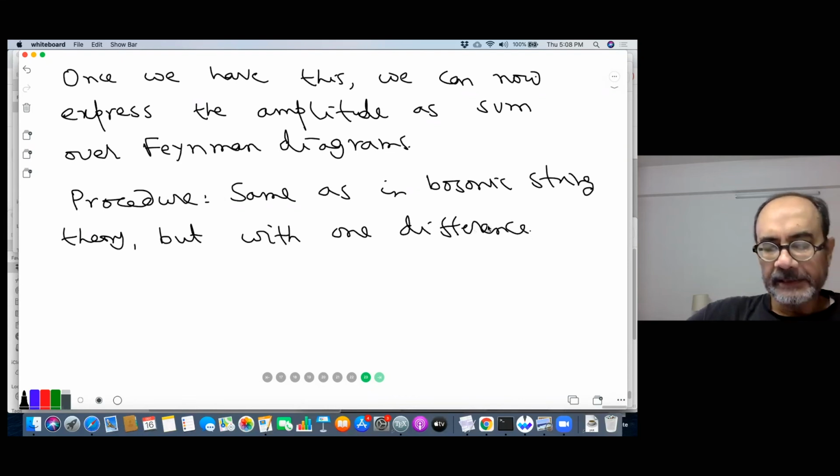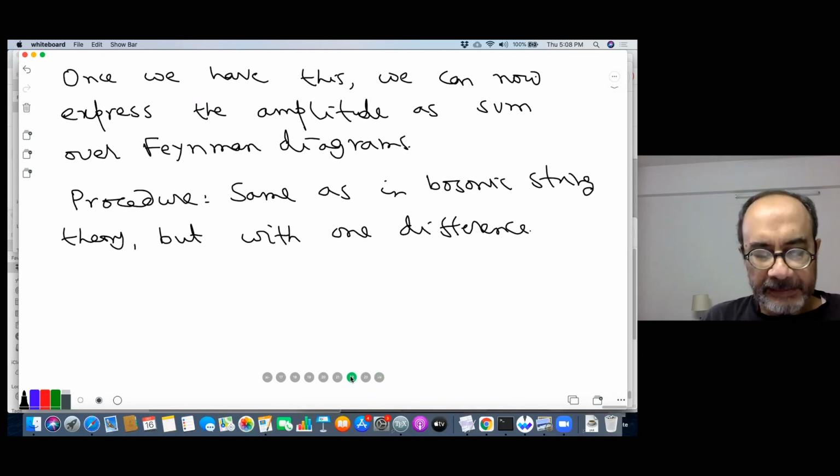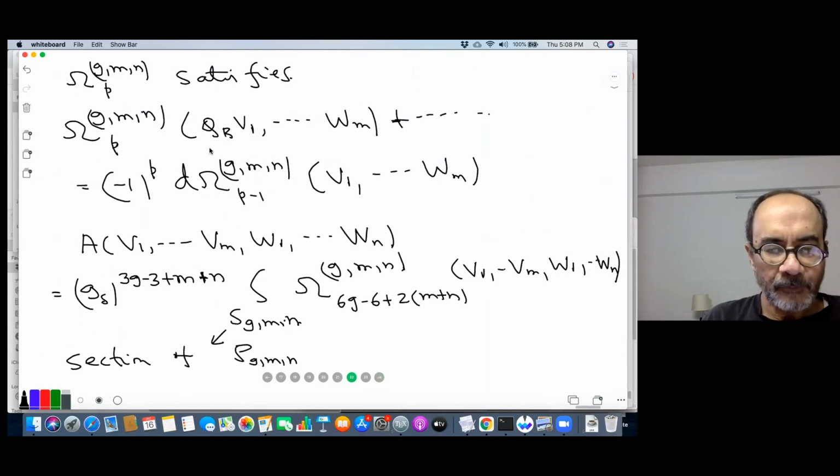I'll explain this and then I'm going to stop. I should have also said that this prescription, in principle, one should be able to derive by starting from the supermodular integral and then doing the integration over the Grassmann odd variables explicitly. But this has not been shown from first principles.